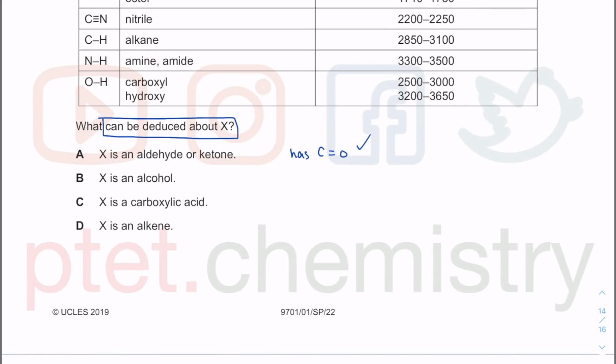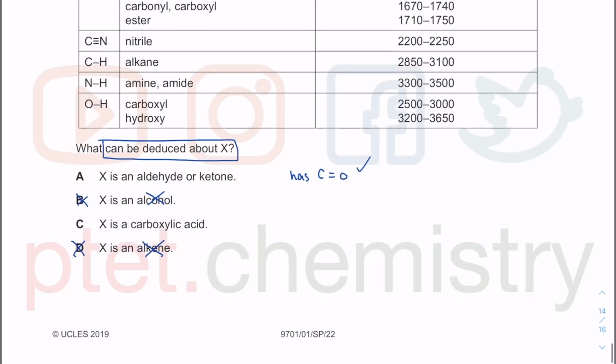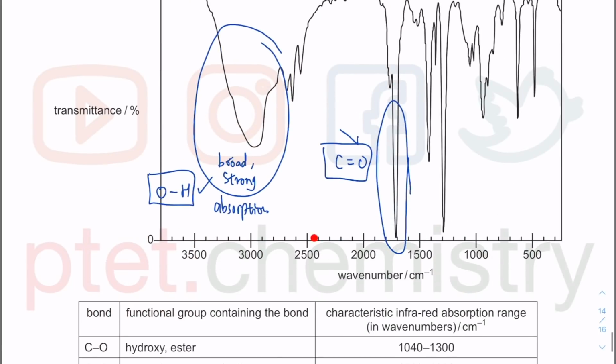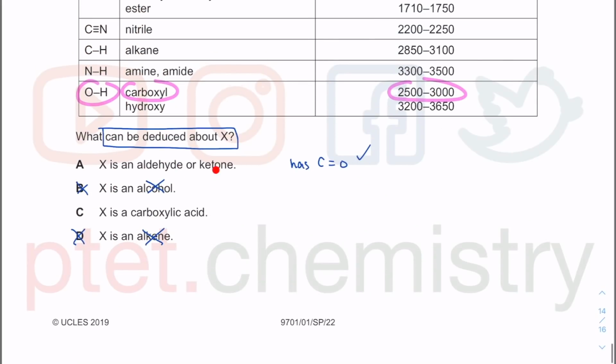If you have C double bond O, we're not talking about alkene. We're not talking about alcohol. So B and D are out. Is it a carboxylic acid or is it aldehyde or ketone? If it is a carboxylic acid, you can look at carboxyl OH. 2500 to 3000, there is something there, around there for the OH, around there for the CO. If it is aldehyde or ketone, there is no OH carboxyl at all.